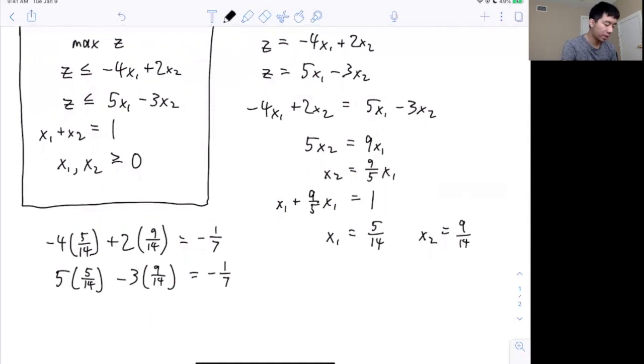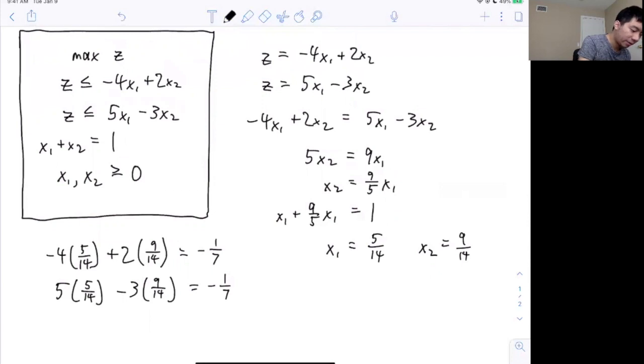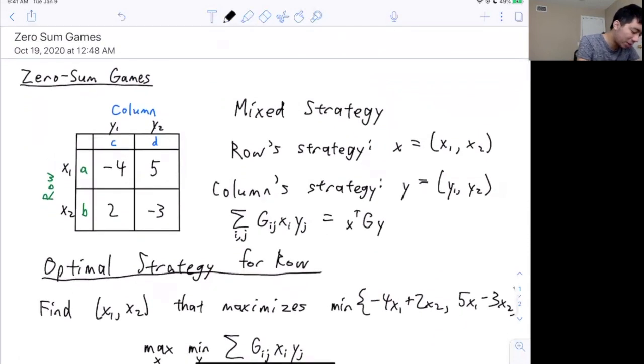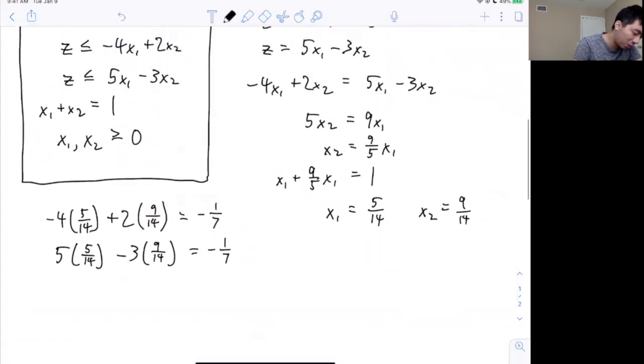The other vertices of the feasible region are all going to involve the constraint that either x1 or x2 is 0. Well, if x1 is 1 and x2 is 0, then the column player would just choose -4, so that wouldn't be good. And if x1 is 0 and x2 is 1, then the column player would just choose -3. Both of those are less than what we would get with this mixed strategy, so that's good.